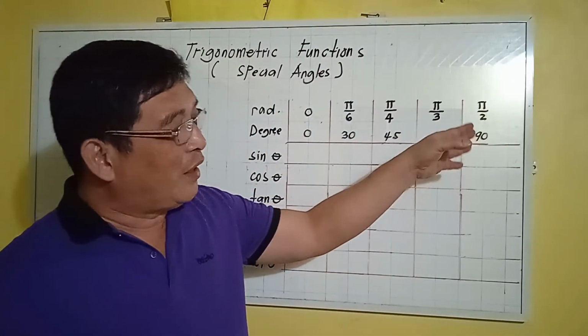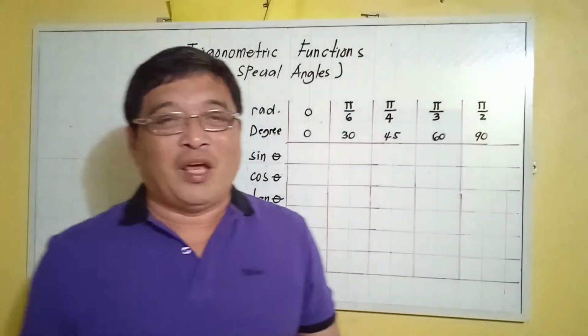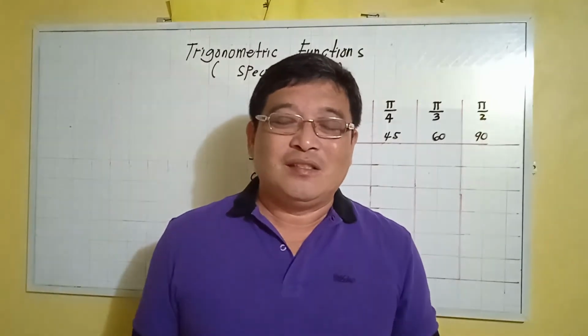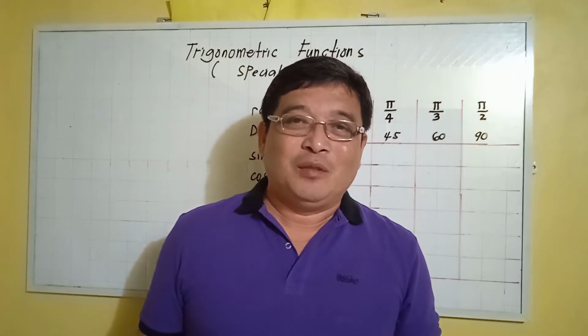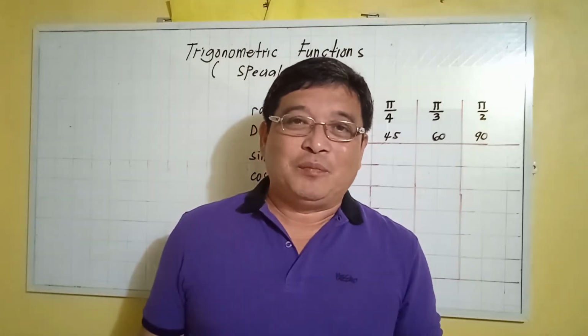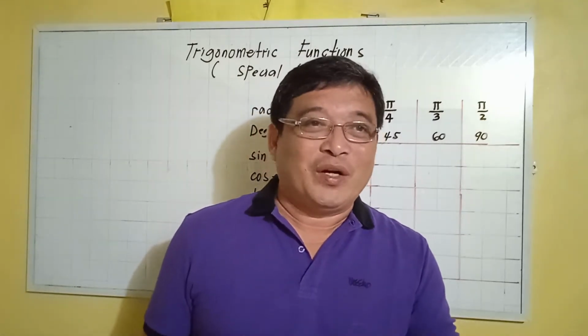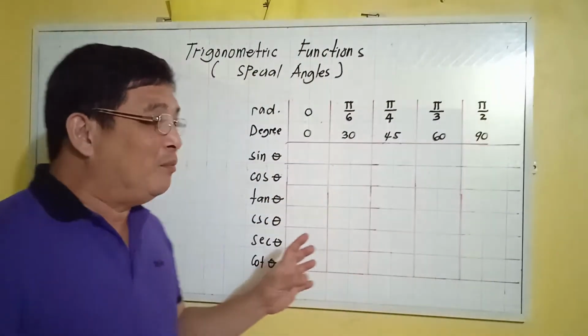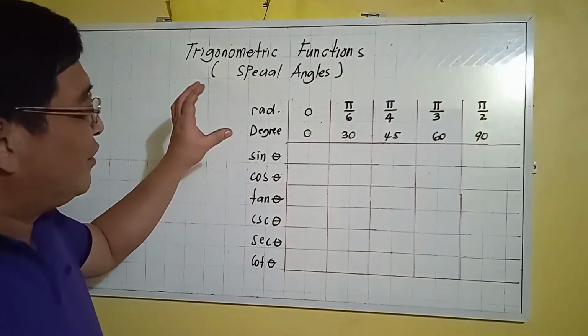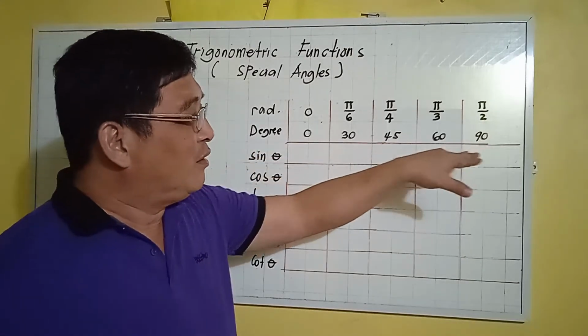Like 90 plus 30, we have 120 degrees, plus 15, 135 degrees, plus 15, 150 degrees, plus 30, 180 degrees. Meron pa rin kasunod yon, but we are going to concentrate on these degrees.